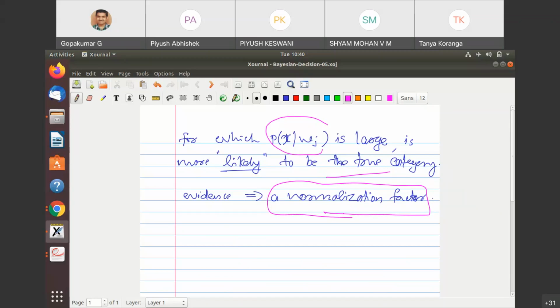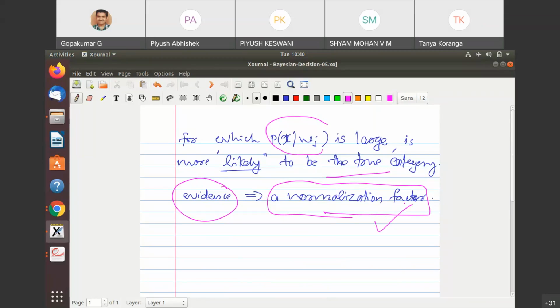Because that is a measured thing, based on the measured feature vector we are going to predict, or make a decision, whether the class belongs to W1 or W2. So the evidence part is a normalization or scaling factor that we may ignore.